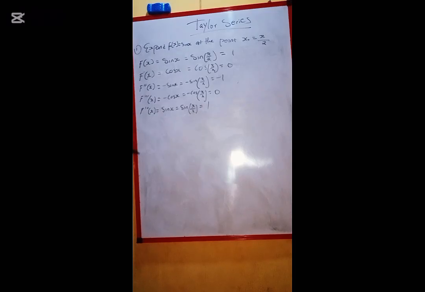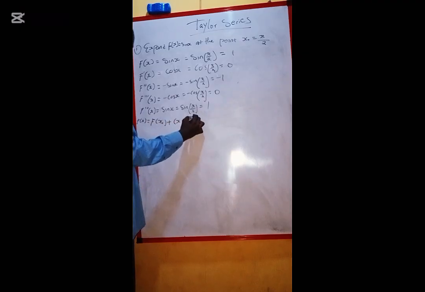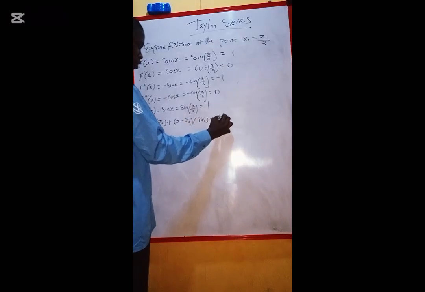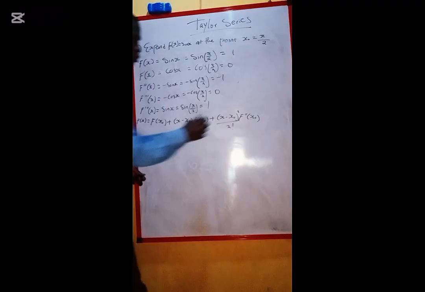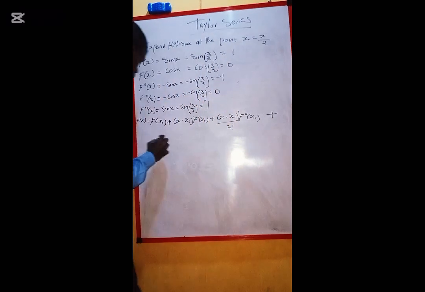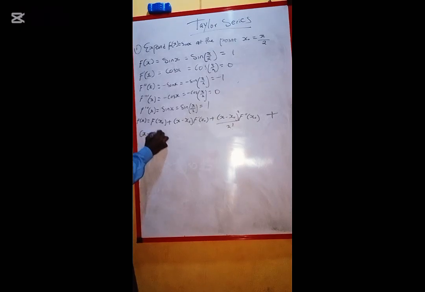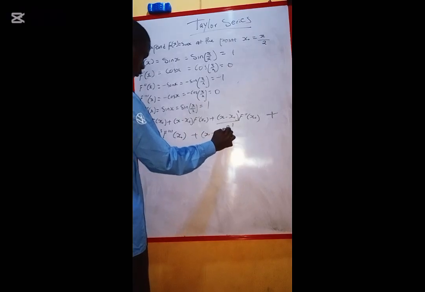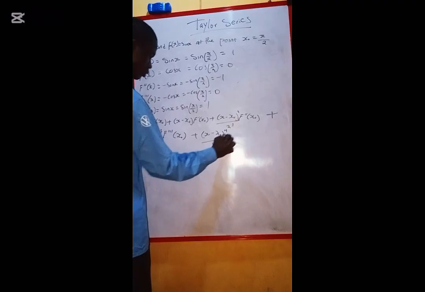So from our Taylor series formula, we have f of x equals f of x naught, plus (x minus x naught) times f prime of x naught, plus (x minus x naught) squared over 2 factorial times f double prime, plus (x minus x naught) cubed over 3 factorial times the third derivative, plus (x minus x naught) to the 4 over 4 factorial.